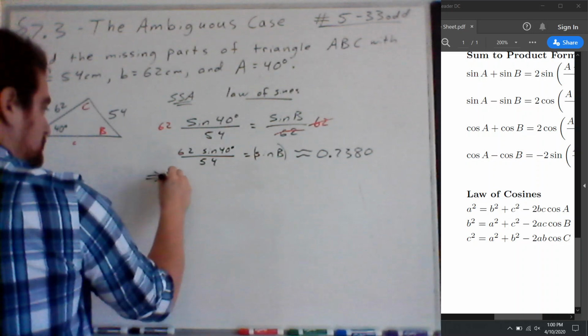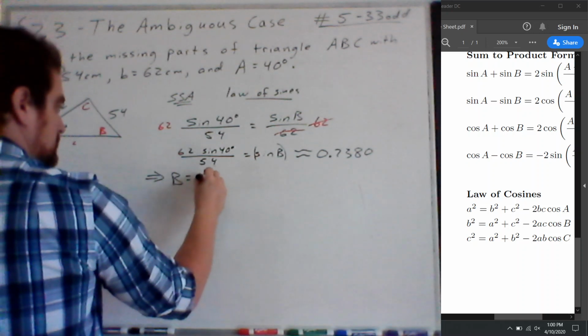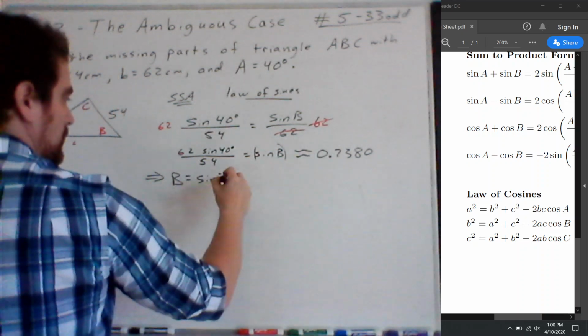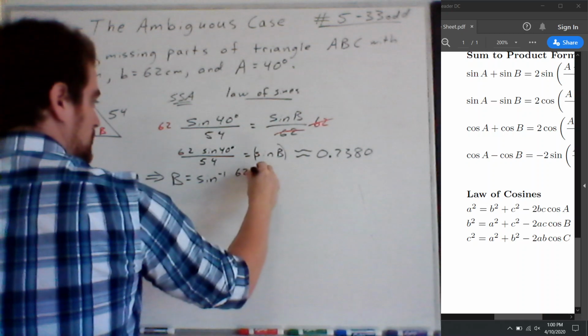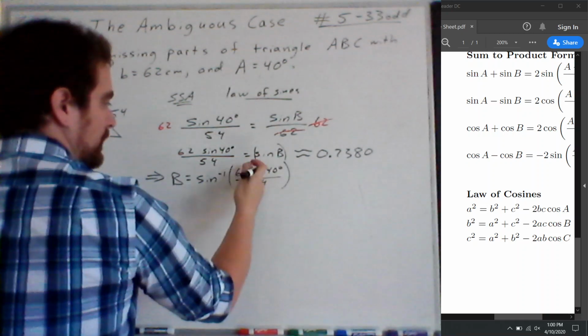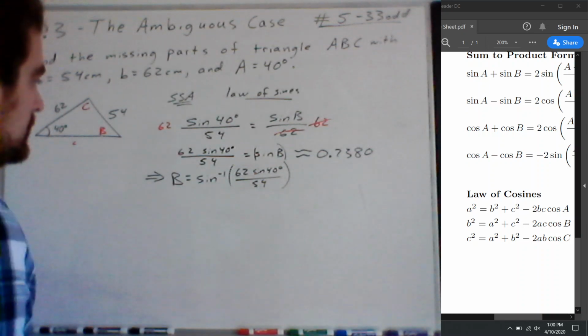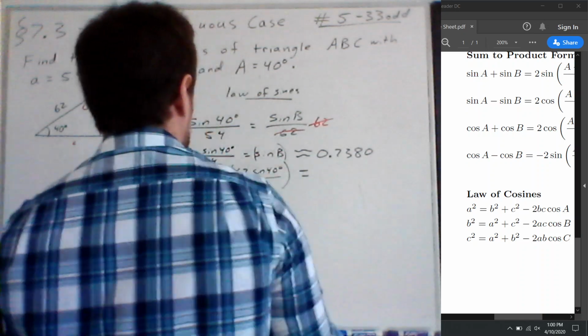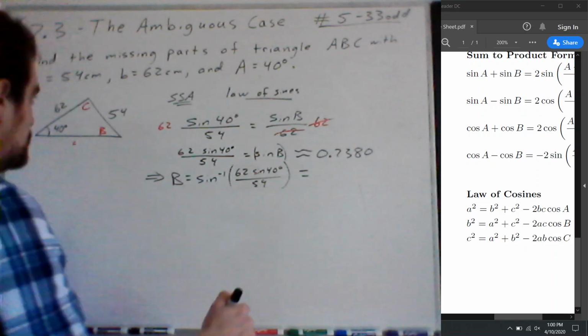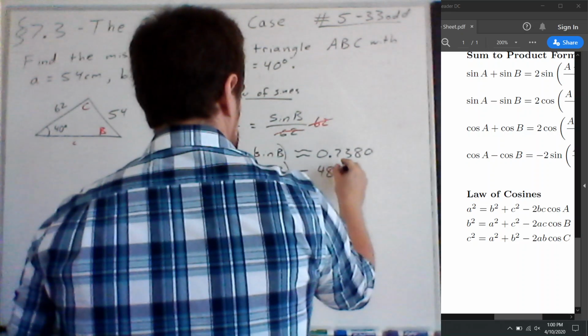This tells us that B is sine inverse of whatever this value is. Since this is less than 1, I can plug this in my calculator. Using the same significant figures that we have here, I'm going to say B is 48 degrees.